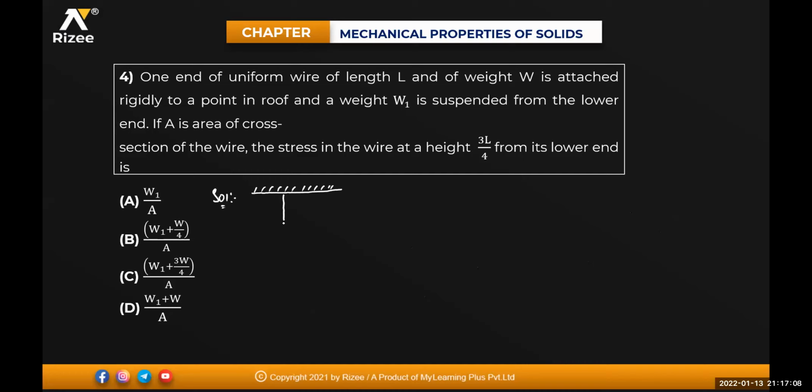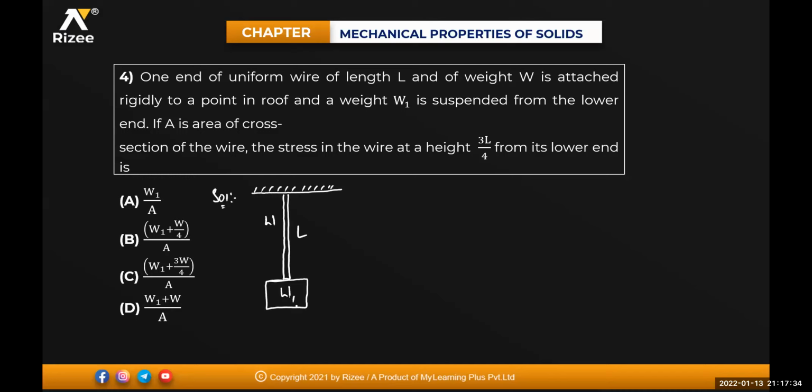One end of the uniform wire of length L and weight W is attached to it. So we have got a rod right now here. To this one, a weight is being attached somewhere. This one is W. This wire is of length L, attached rigidly to a point in the roof, and a weight W1 is suspended from the lower end.